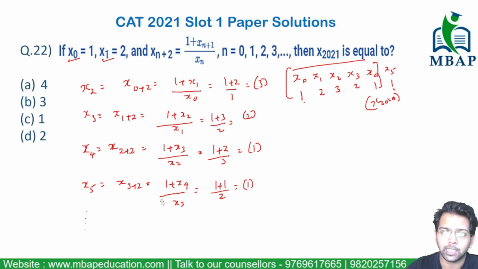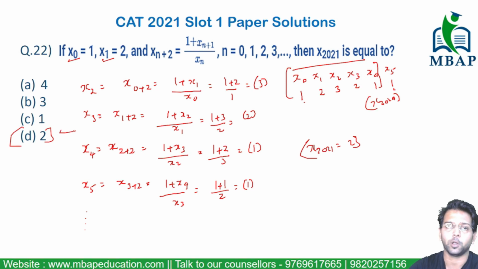So the series repeats every 5 terms, and x2021 will be the same as x1. What is the value of x1? x1 is 2, so x2021 will also be 2. Hence, the answer for this question is option D, which is simply 2.